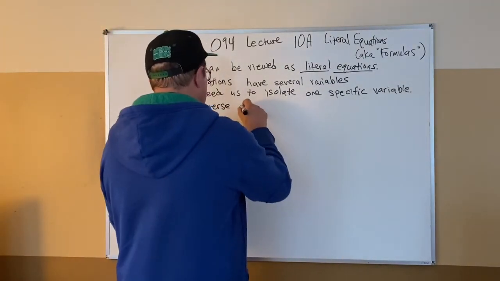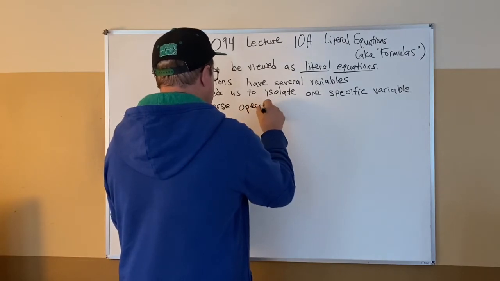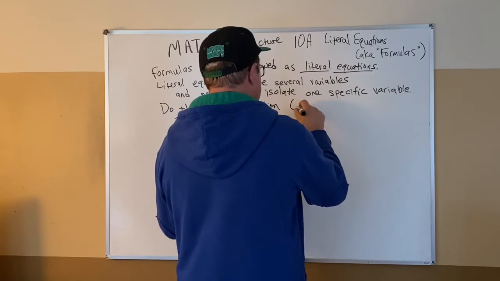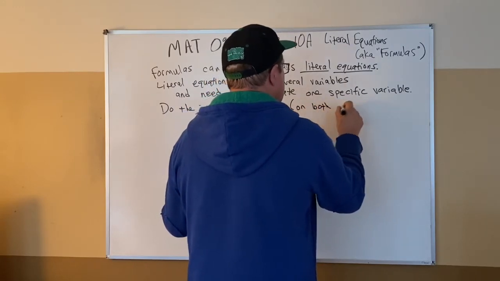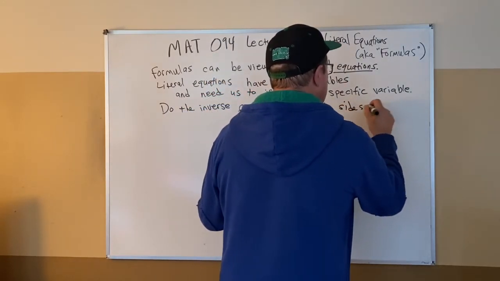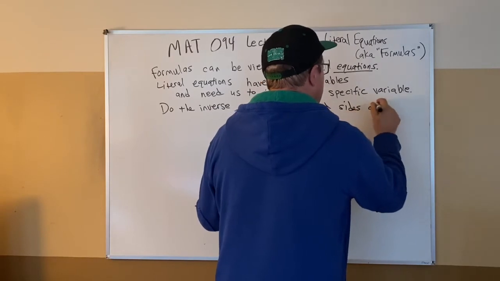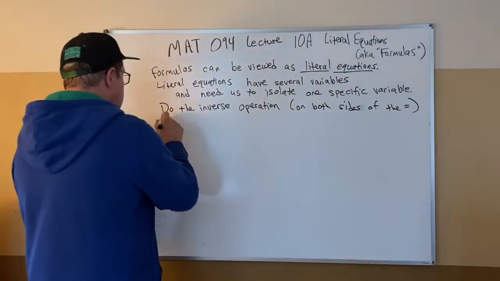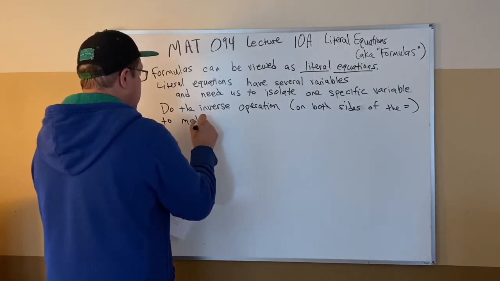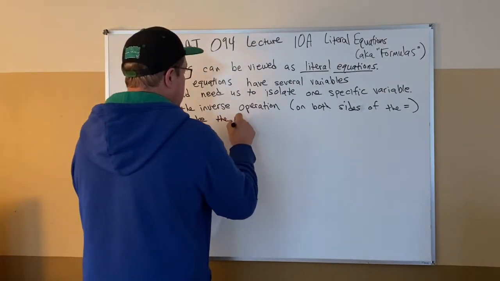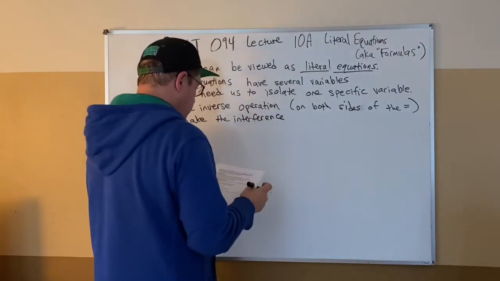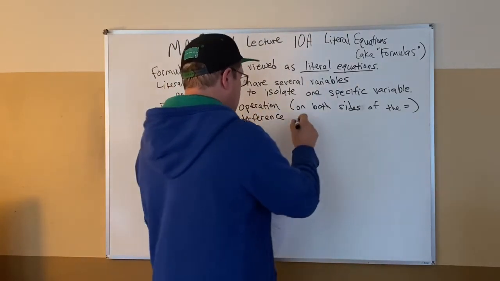Do the inverse operation on both sides of the equal sign to make the interference go away.